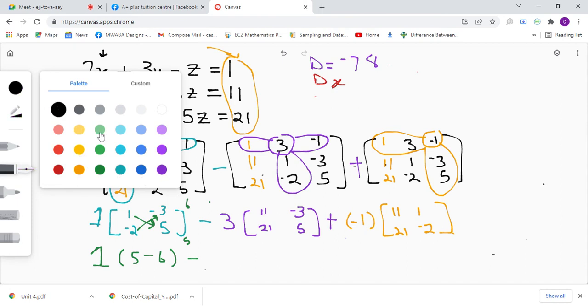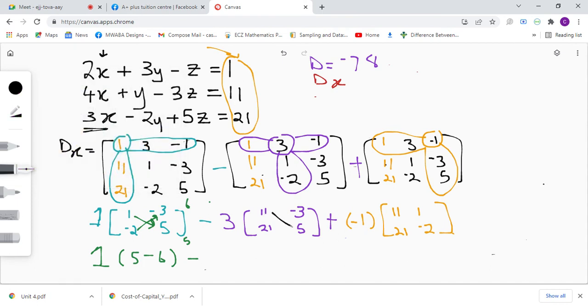So we're going to say 11 times 5, that's 55. 21 times negative 3 gives us negative 63.